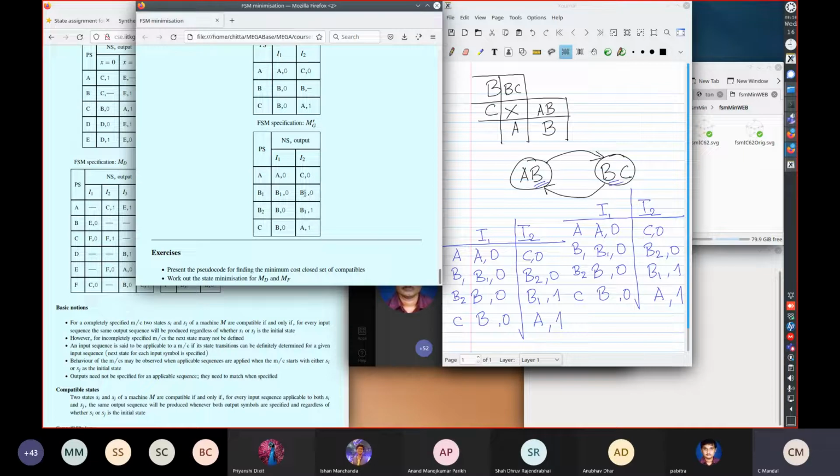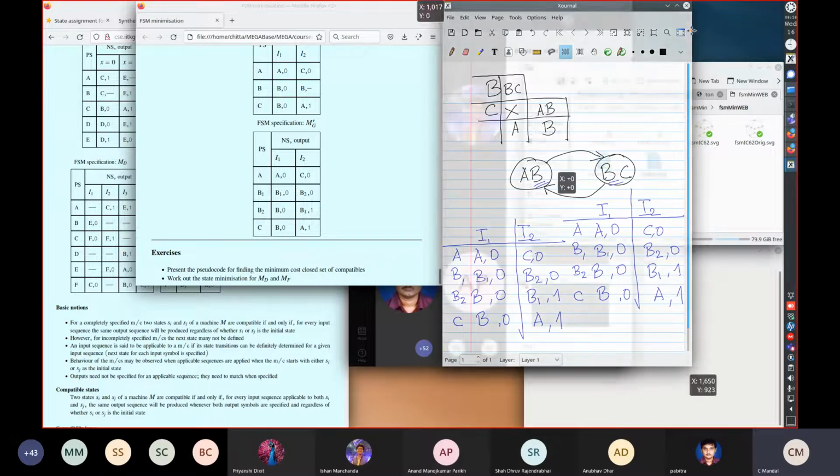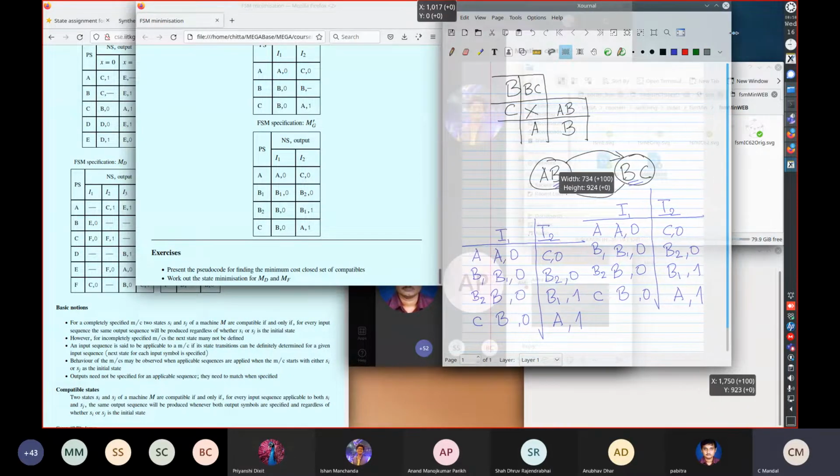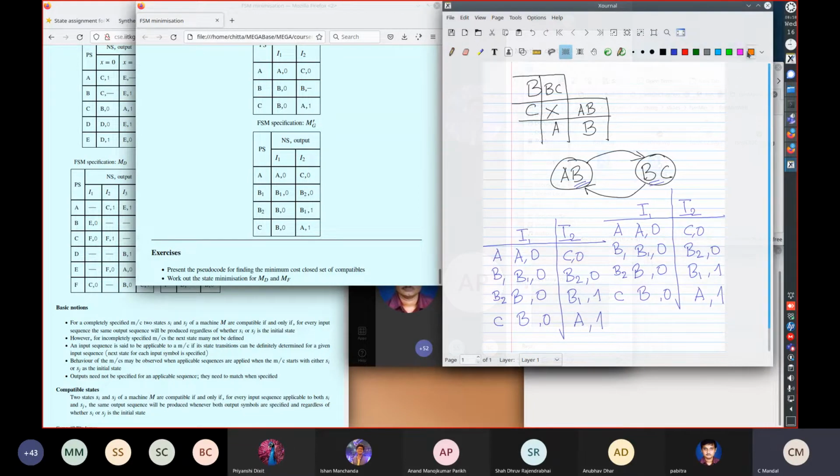So this is called state splitting. Now note that over here I put it as B. So here you have two options really. You can put it here as B1, and here you can put this as B2.